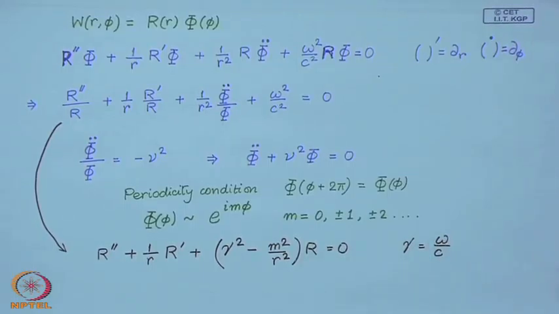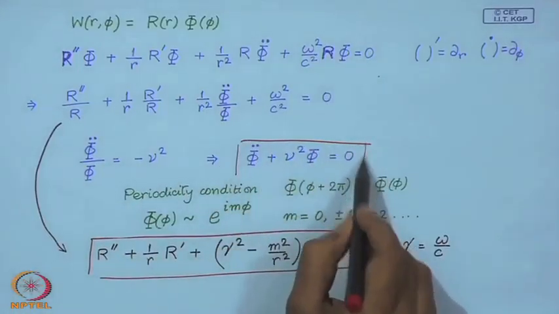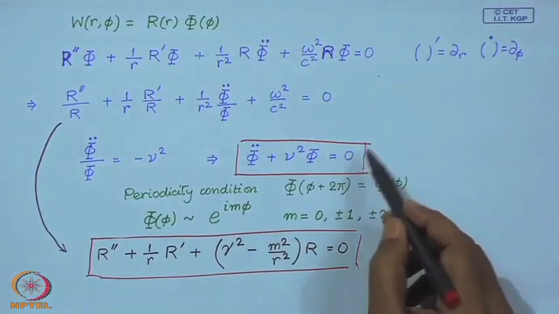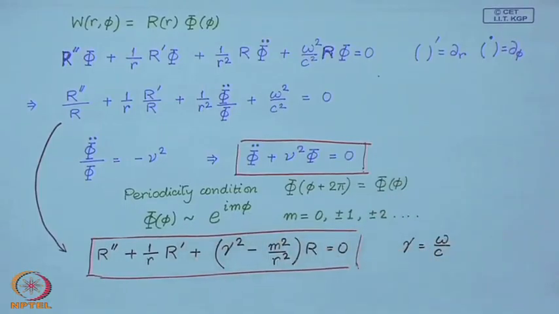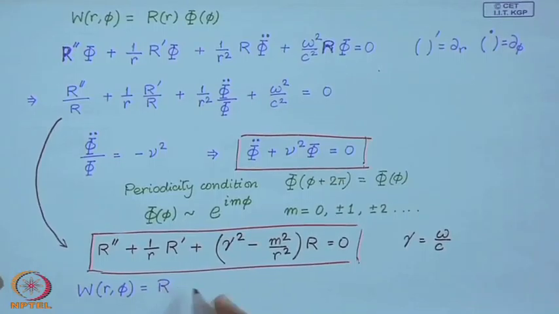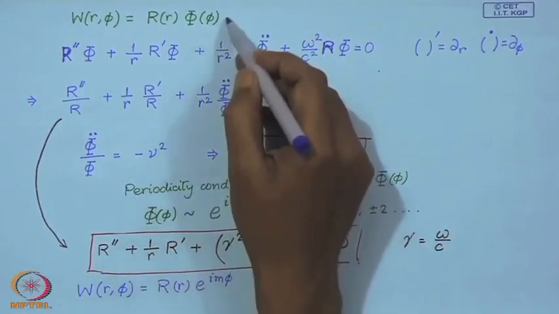So, this is the equation governing our radial function. This equation was for the angular function phi, and this is for the radial function r. For the angular function we must have a solution like this. So, our solution till now is like this.